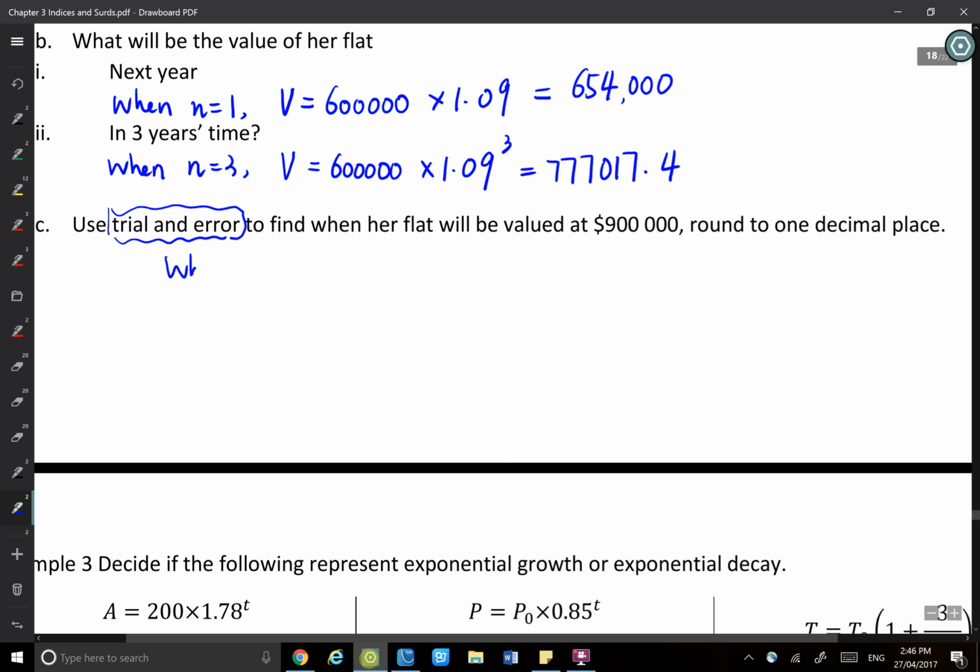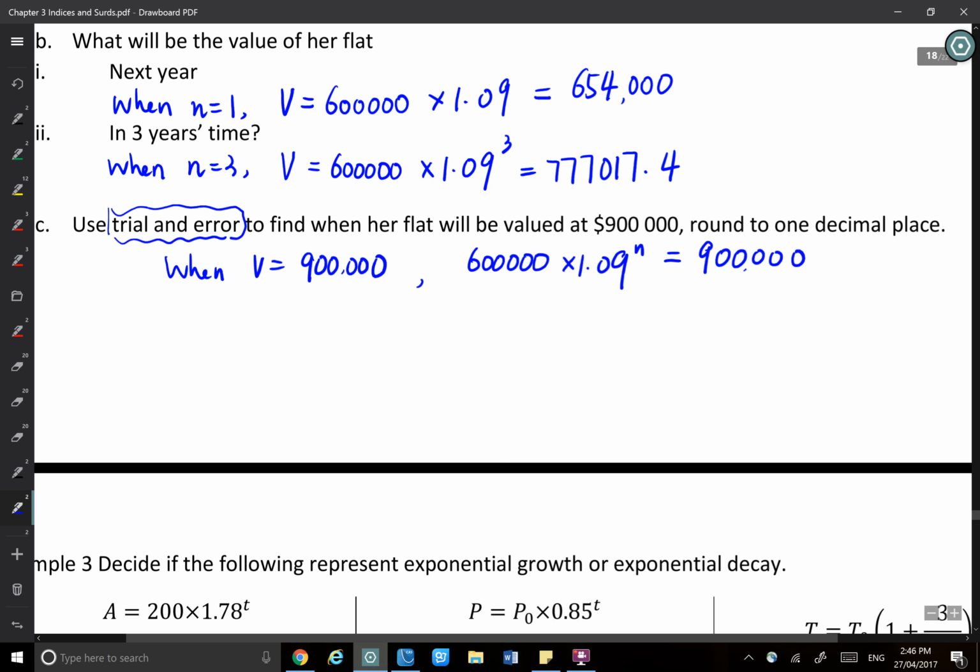So this is when V equals 900,000. I want to solve 600,000 times 1.09 to the power of n equals 900,000.